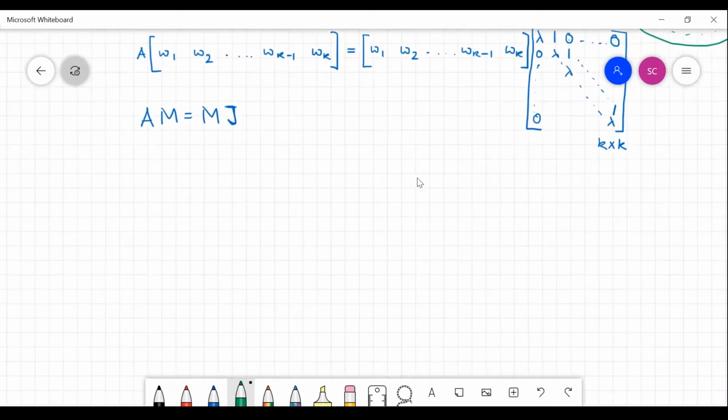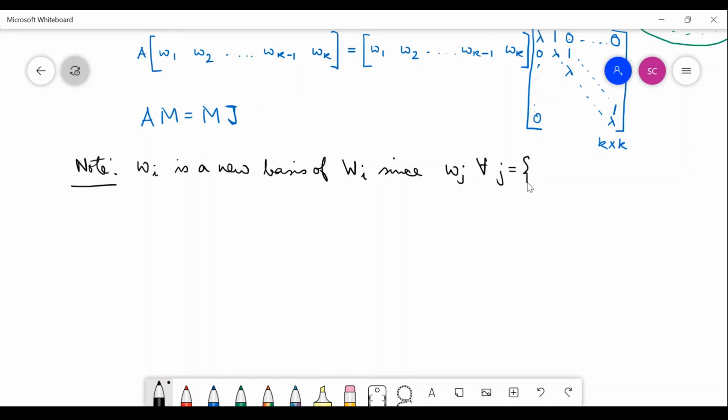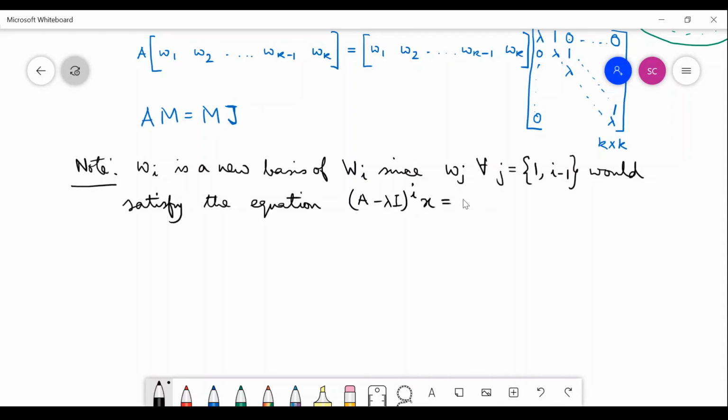So I will write it down for your benefit. So note that wi is a new basis of capital Wi, since any wj for all j equals 1 to i minus 1 would satisfy the equation (A minus lambda I) to the power of i x equal to 0.